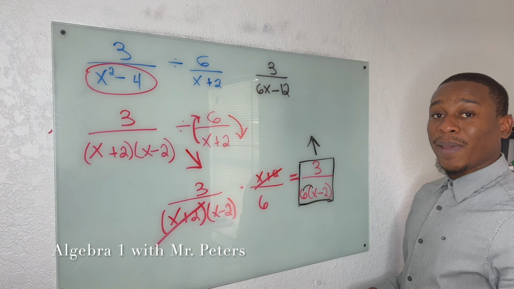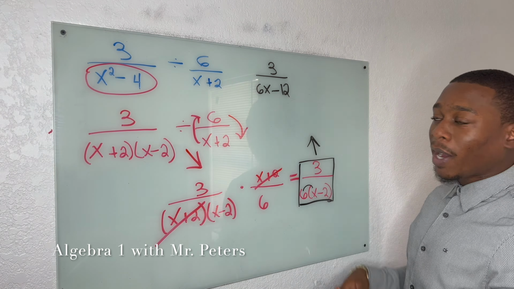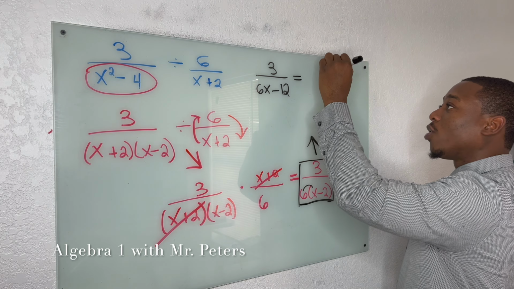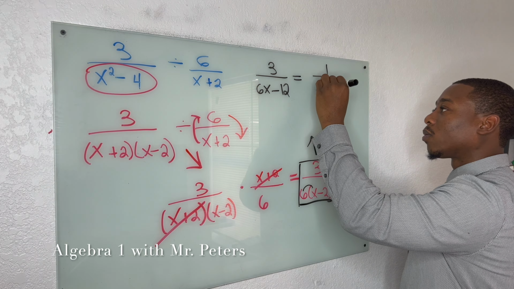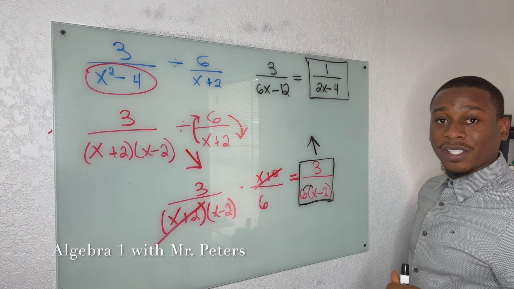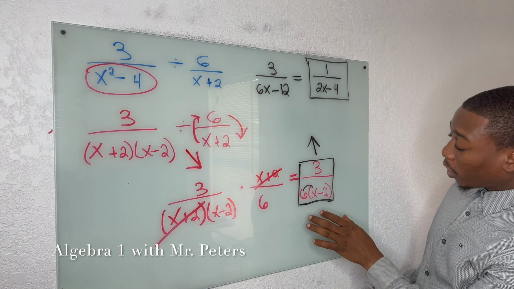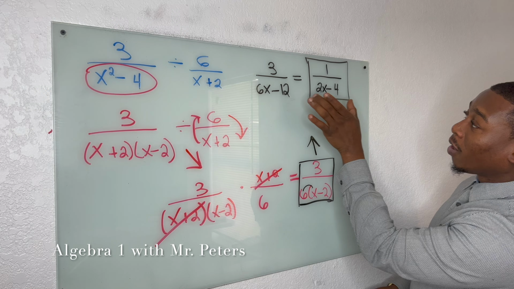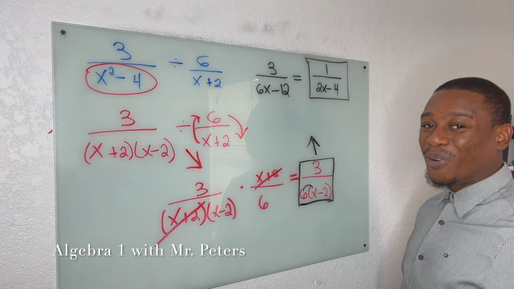But let's say they expanded it and then they reduced the fraction, meaning they divided everything by 3. Just know that this would also be an answer. So this is why it's so important, guys, for us to simplify, for us to factor, because when you look at all 3 of these answers, these are all the same answers, just written in a different form.